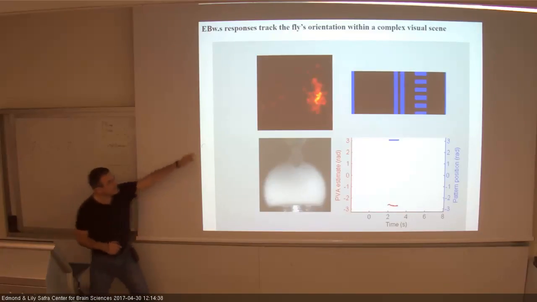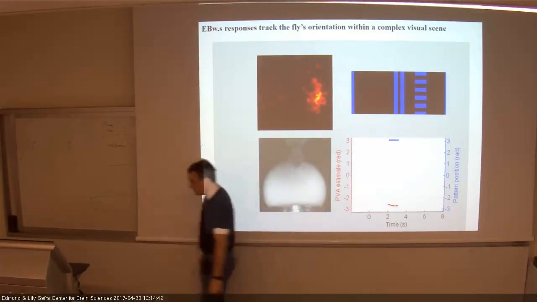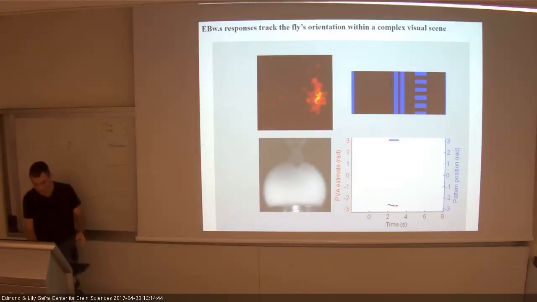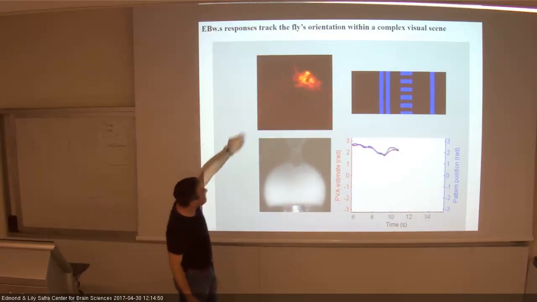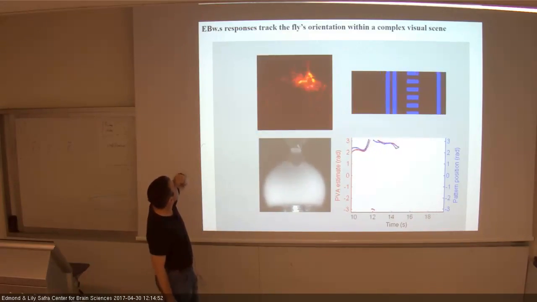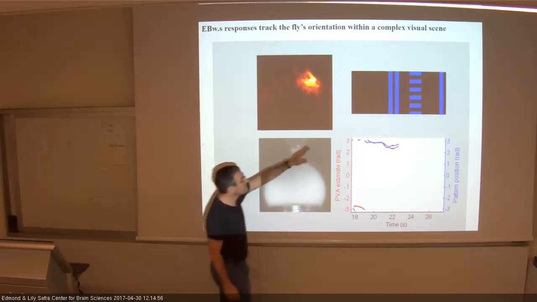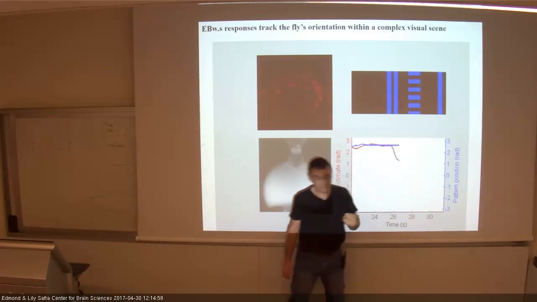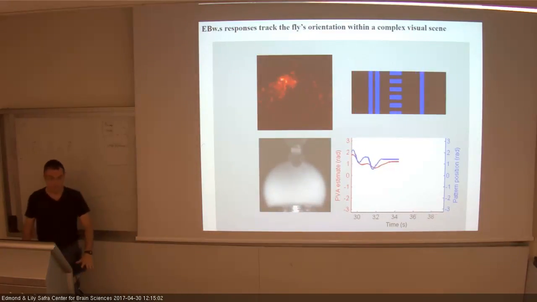This time the visual pattern is very different. But still, what you see in the neural activity is that the population response tracks the orientation and doesn't care about the details of the stimulus. So these neurons really care about orientation.